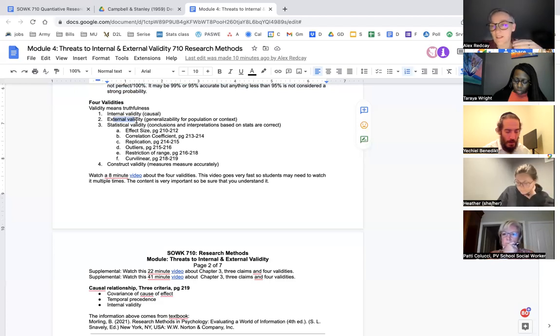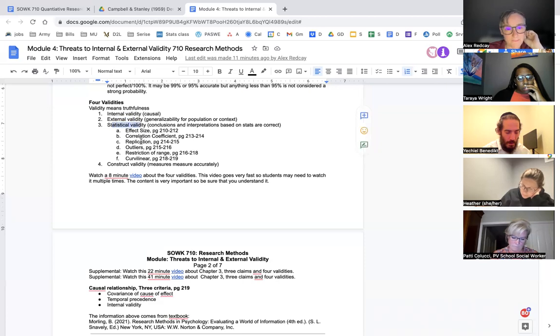If I study Latinos and I find that CBT is not effective with Latinos, that doesn't necessarily apply to other races. It only applies to the people in that study. Now, if we did a better study where we randomized participants, which is very difficult in our field, then we could say this does apply to other people. That's external validity.